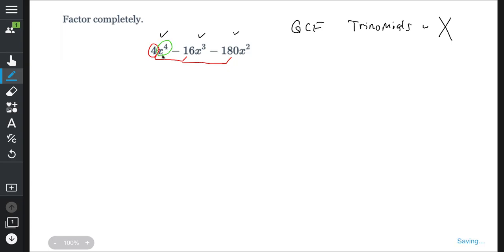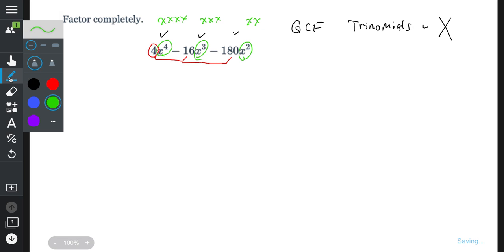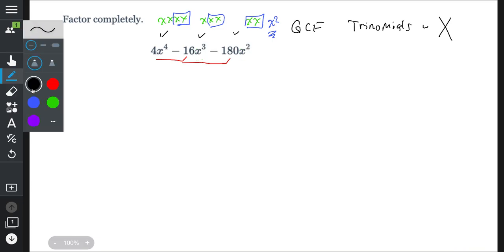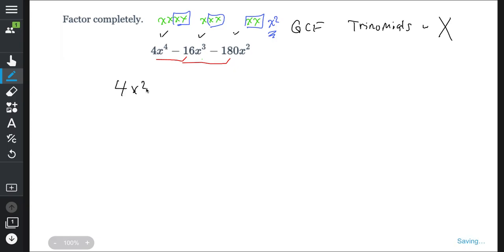I have 4 x's here, 3 x's here, 2 x's here. That's what powers mean. So the greatest number of x's that's common to all of them is 2, meaning x squared is what's common to all three. So our GCF is 4x squared.